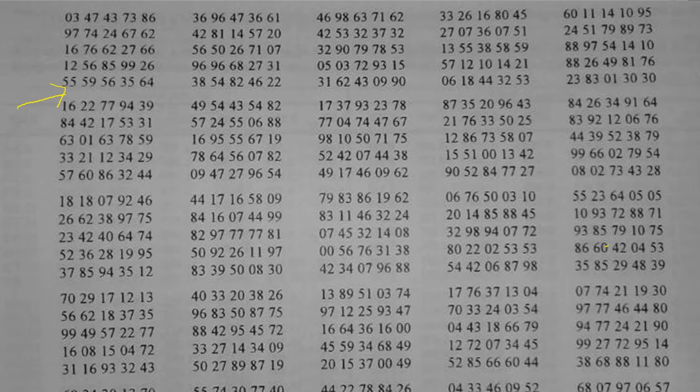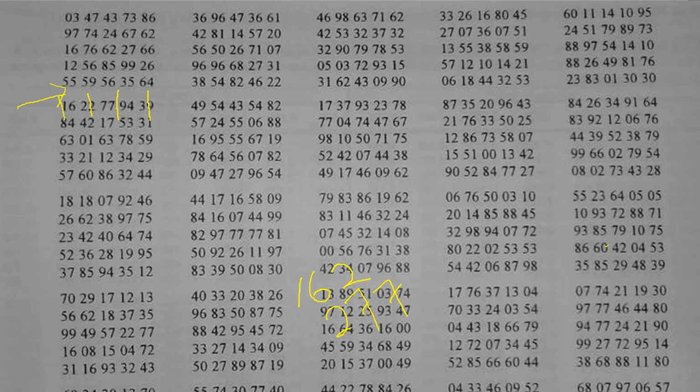The first 3-digit number is 162. So we jot down the 162. The second number will be 277. And then the next one is 943.